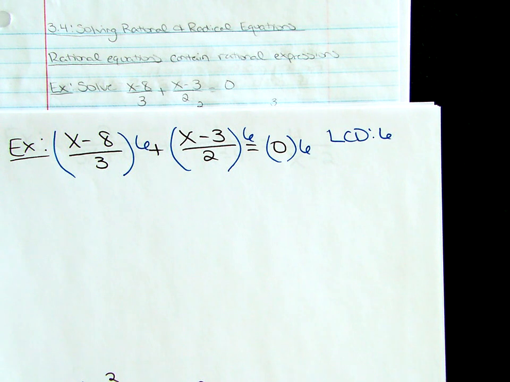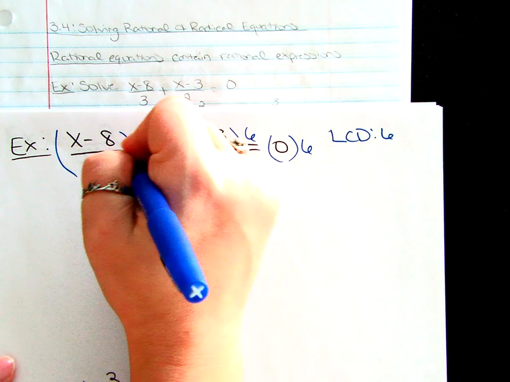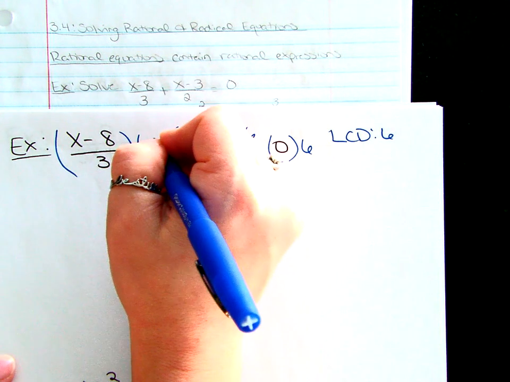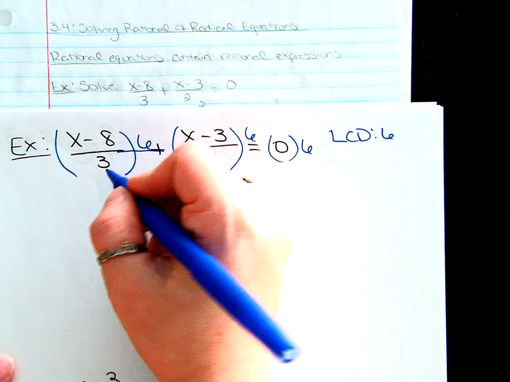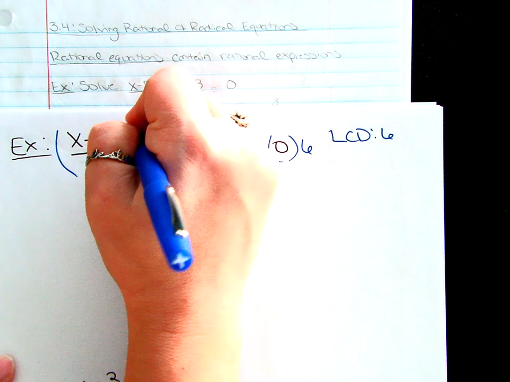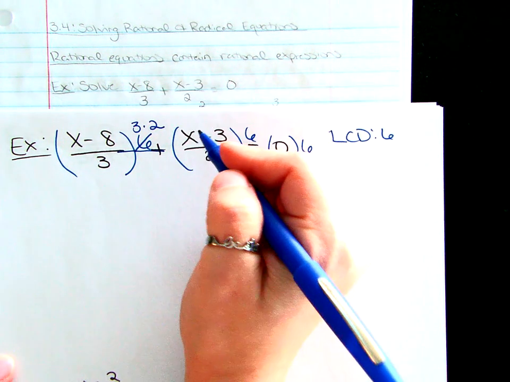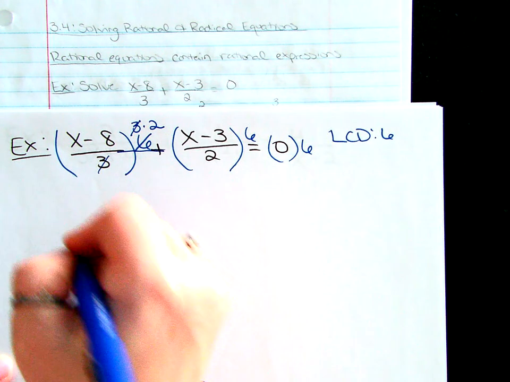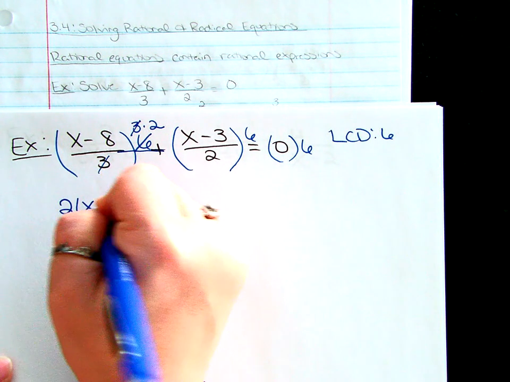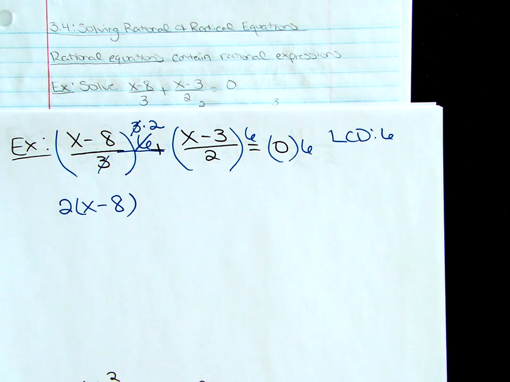That's always how I've kind of explained it. What I mean by that is I know I'm going to have this times 6 on top. Well, my denominator is 3. I know that 6 is the same thing as 3 times 2, which means I have a 3 down here and a 3 up here, leaving me with just 2 times x minus 8 on top.